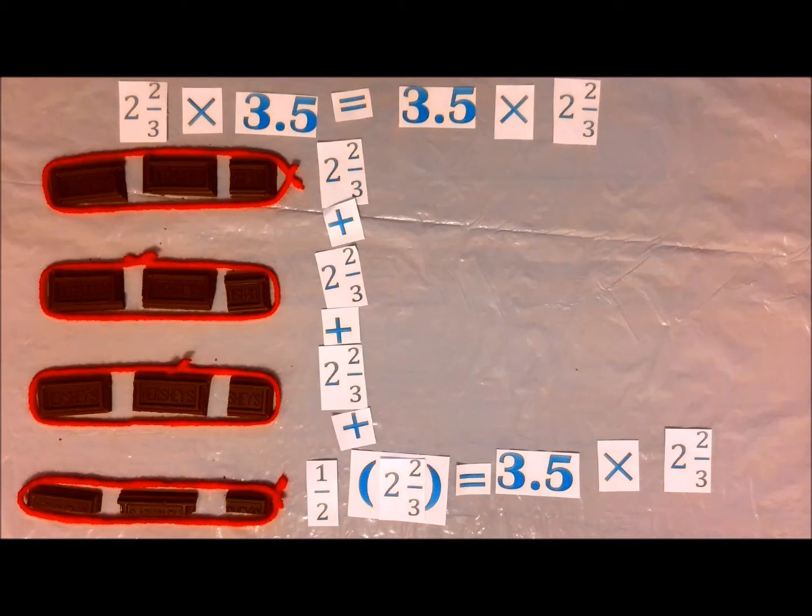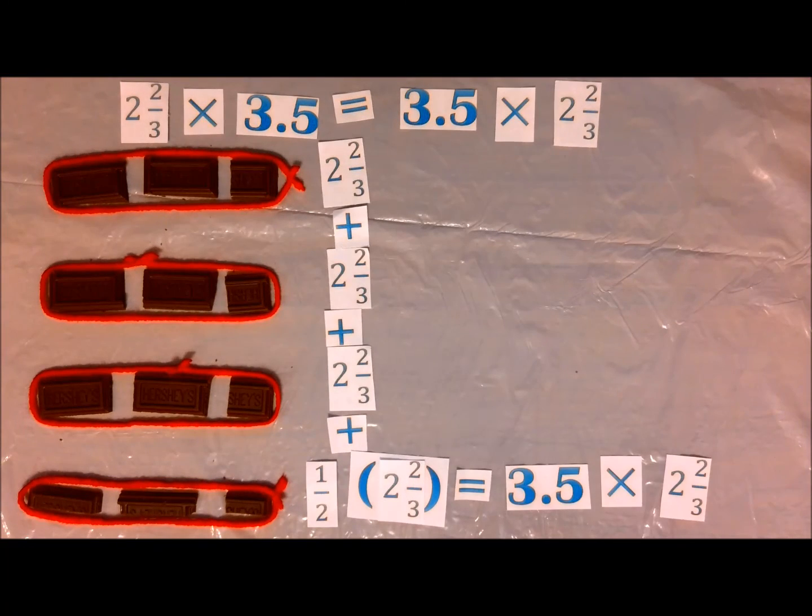Since the total amount did not change, but only the grouping did, 2 and 2/3 times 3.5 must equal 3.5 times 2 and 2/3. So as you can see, this property that A times B equals B times A works when you multiply two positive numbers that are not integers.